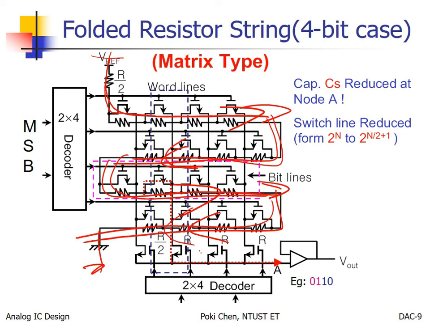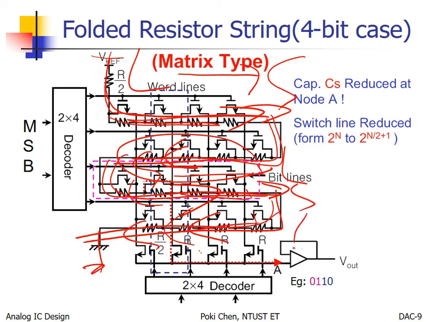The divided voltages. For this one, from large to small. For the next one, small to large. And then large to small, small to large. So it means the even or odd rows have different voltage division, from the larger one to the smaller one, or from the smaller one to the larger one.